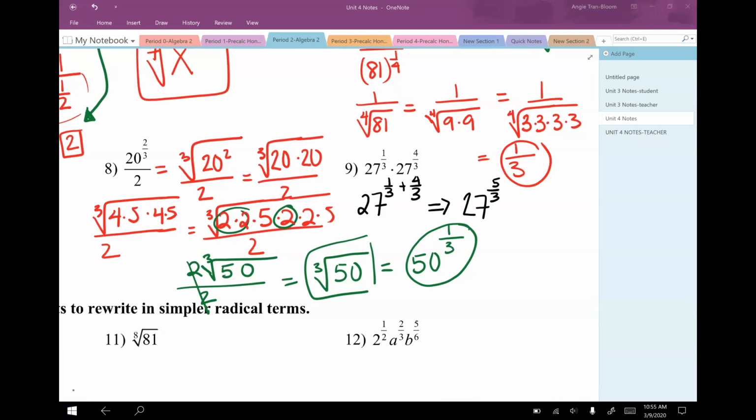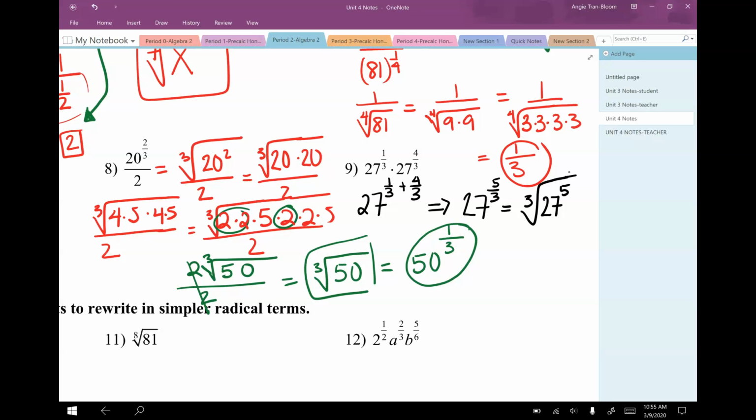Exponents. How do we go from there to your radical form? What is your index? 3. This is 27 to what power? Whoa, are you going to sit here and multiply 27 times 27 times 27 times 27 times 27? No, probably not a good idea, right? But you know, third root of 27 is what?